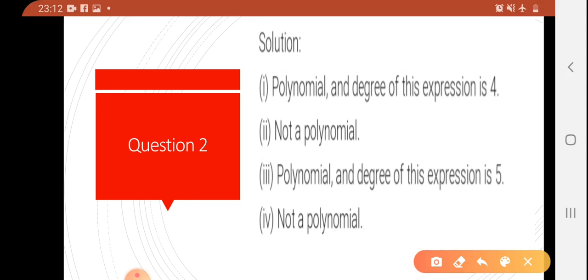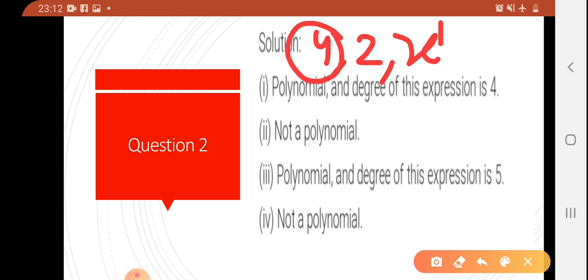Here, in the first term x to the power 4 is there, in the second term x square, power 2 is there, and in the third term x to the power 1 is there. The highest power is the degree of the polynomial. Here the highest power is 4.